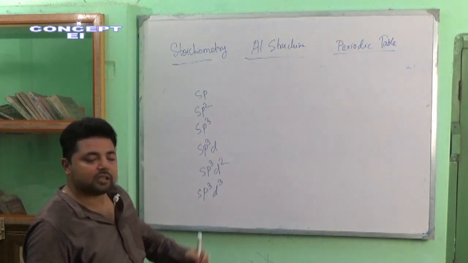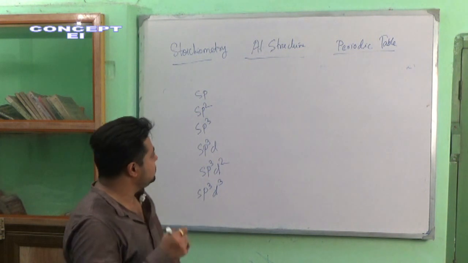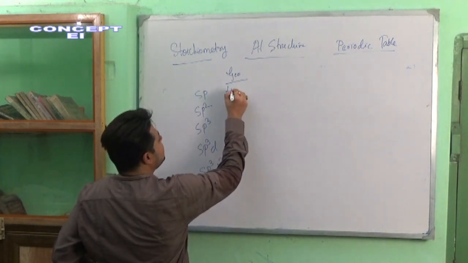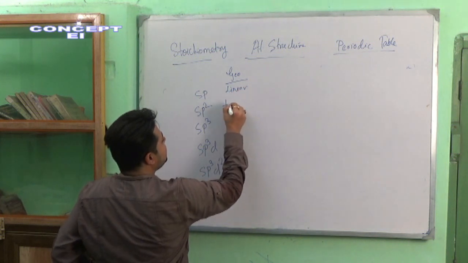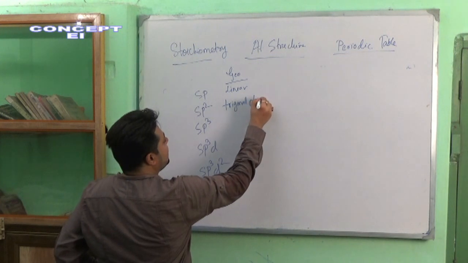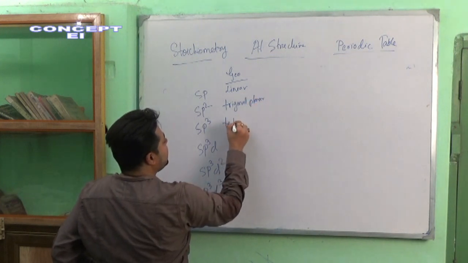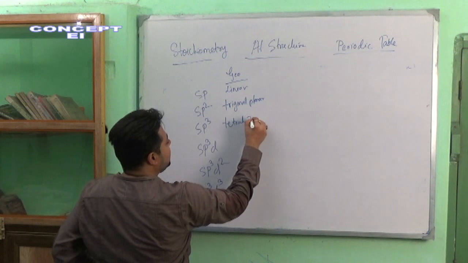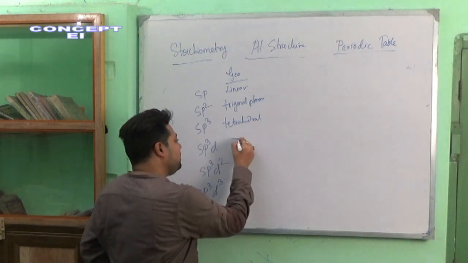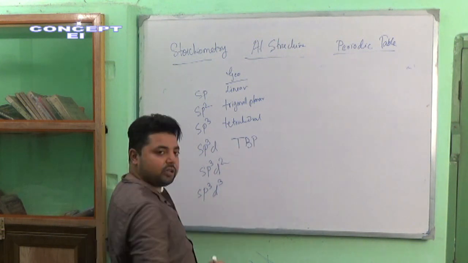So these are the 6 hybridizations. What will be their geometries? This one will be linear, this one will be trigonal planar, okay, and this one will be tetrahedral, okay, and sp3d will be trigonal bipyramidal, okay.